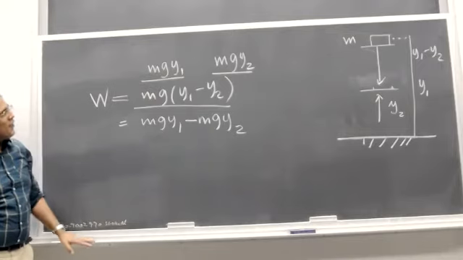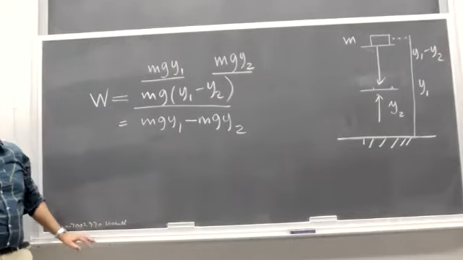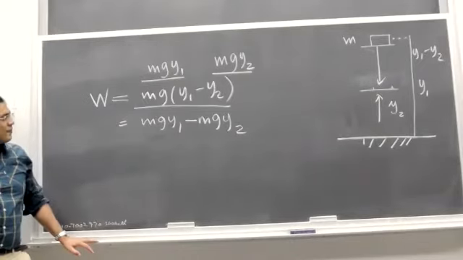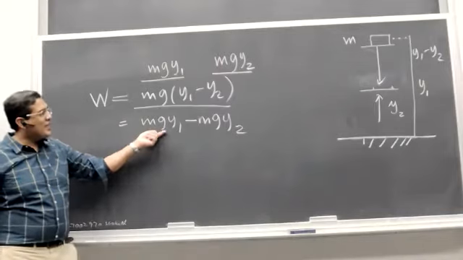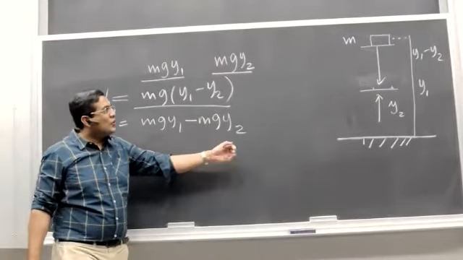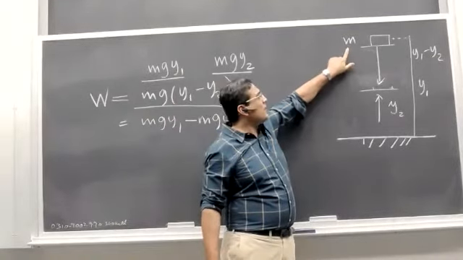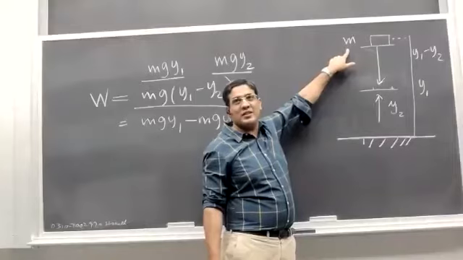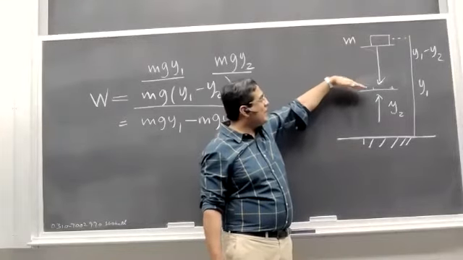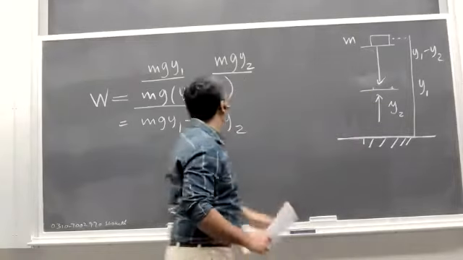But one more thing, when is the potential energy higher? At y1. This one is larger and this one is smaller. So what is the initial potential energy of the object, mgy1, and what is its energy when you get to this point?